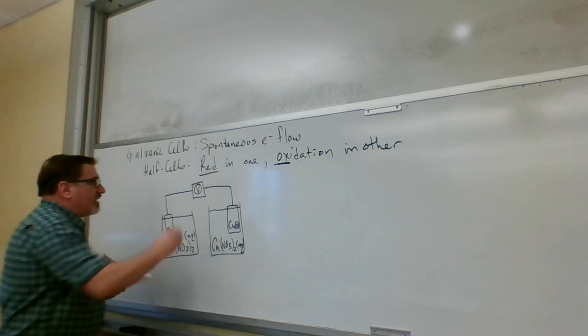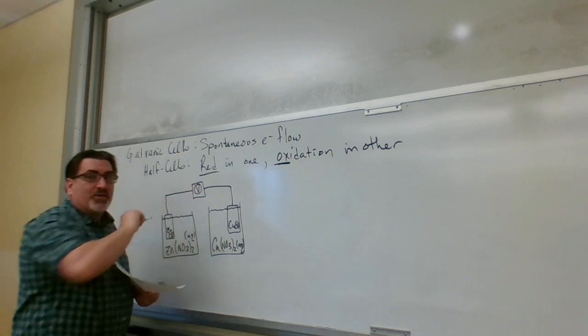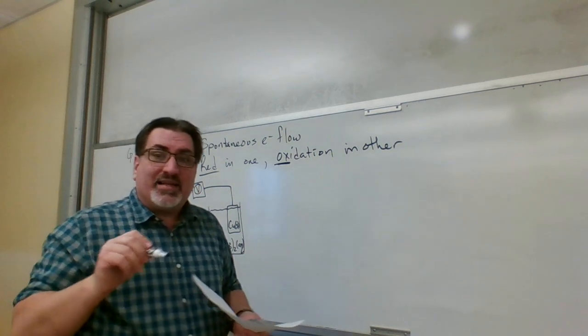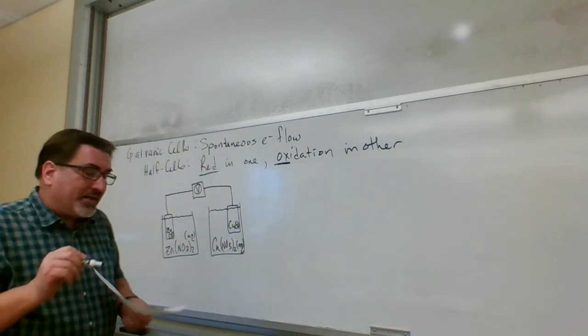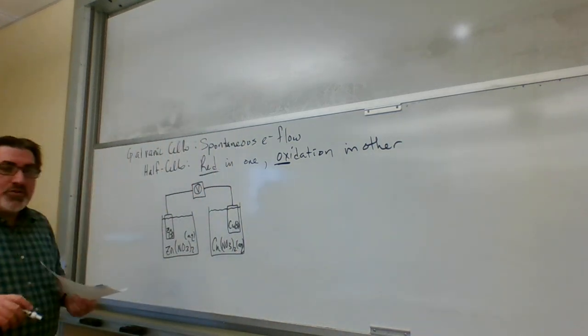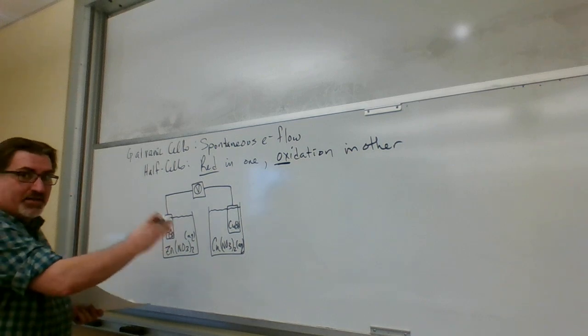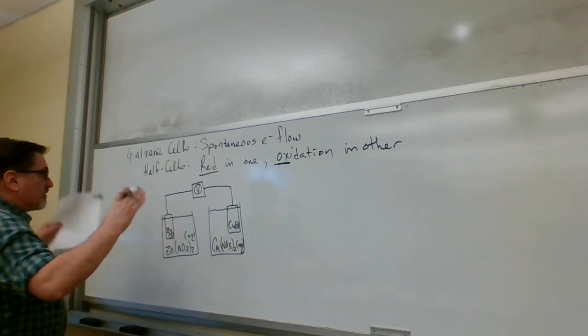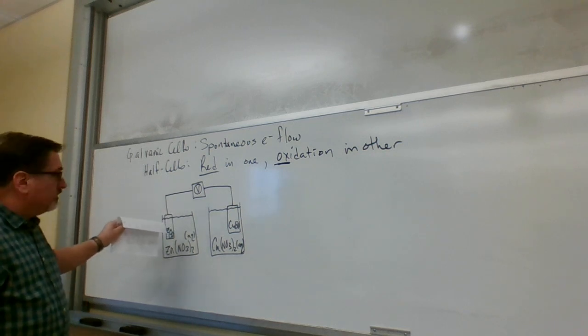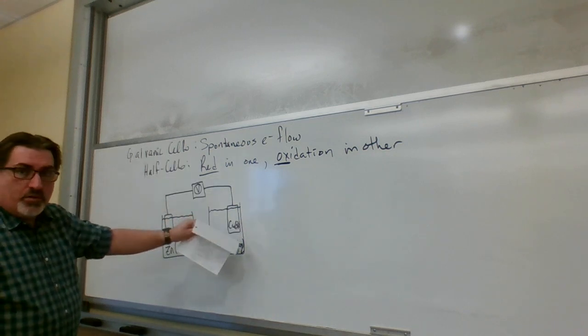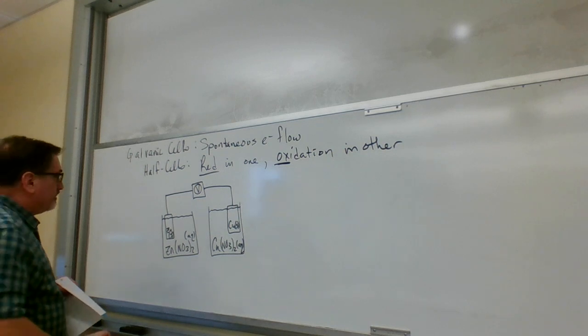Now when we hook these up, we have to hook them up in a special way. Remember I said we have to show this so that it's a spontaneous process. And in a galvanic cell, the electrons have to flow from left to right in our picture. So the left-hand half cell is where electrons have to come from and go to the right-hand half cell.